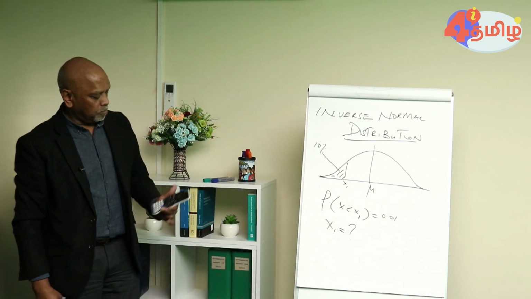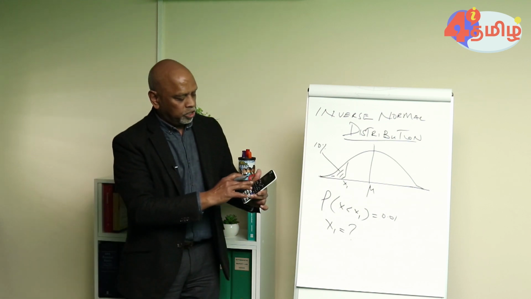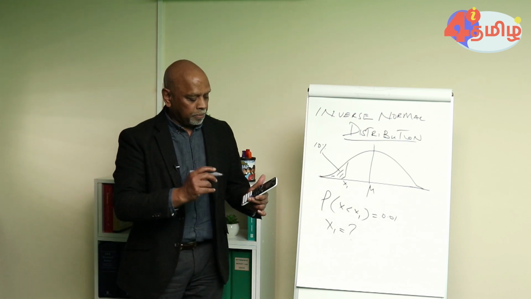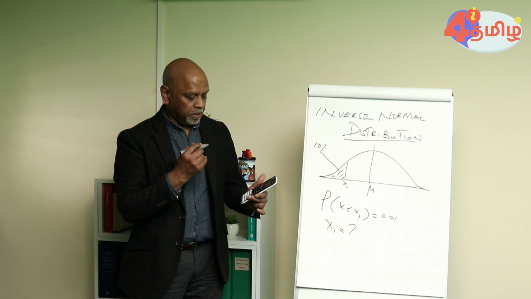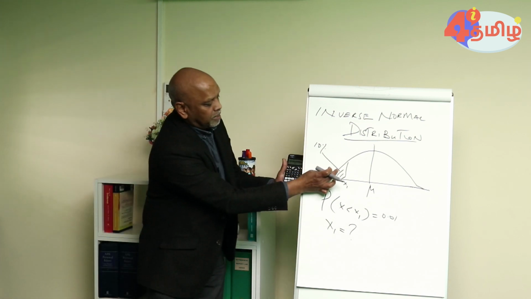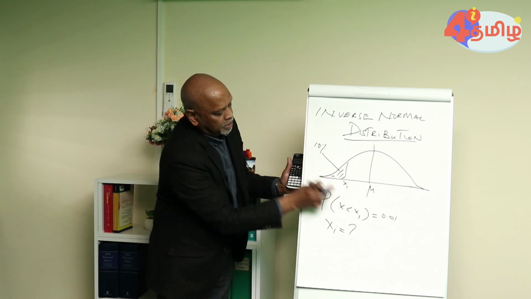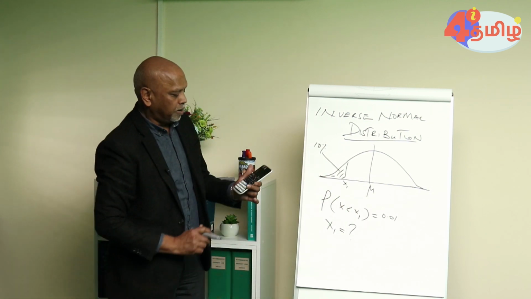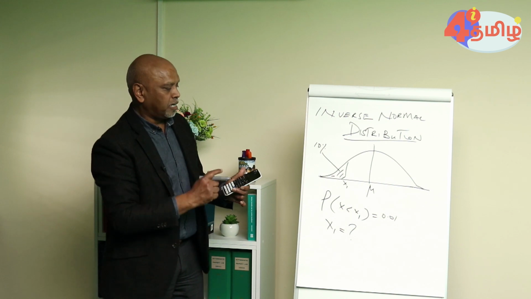When you go into inverse normal, there are 3 things the calculator asks you. One is the area, which means this section, this 0.10 area. The next is the standard deviation.